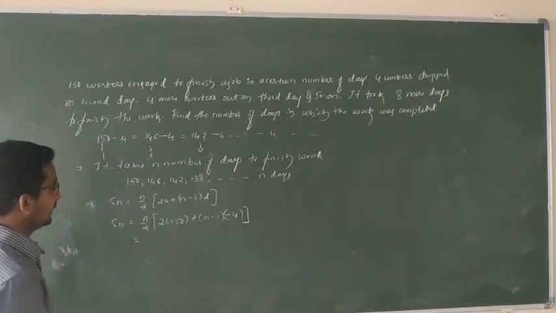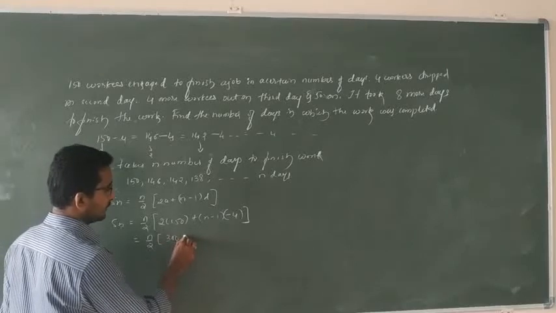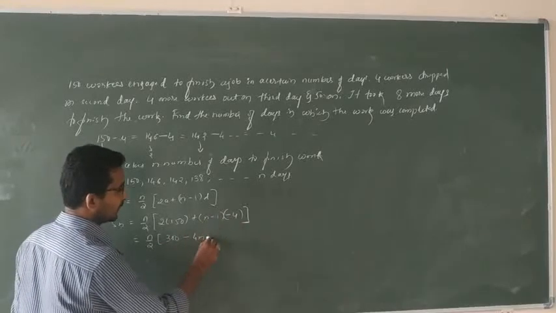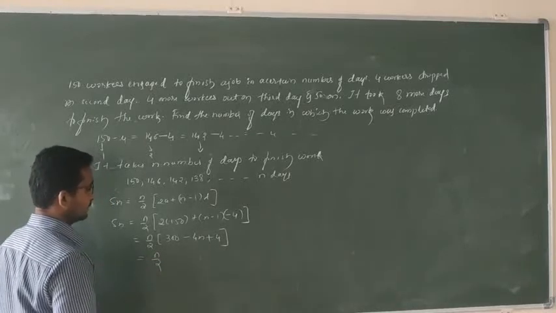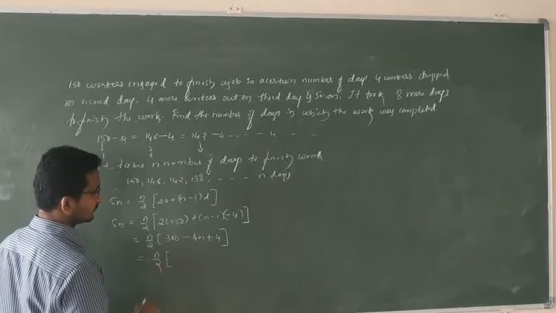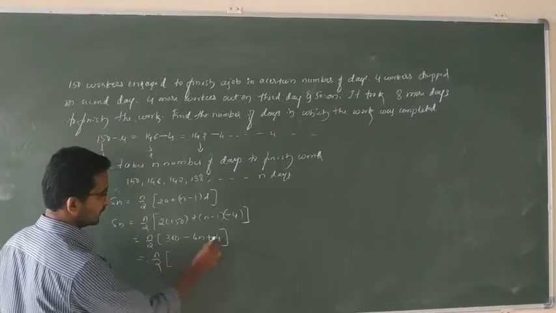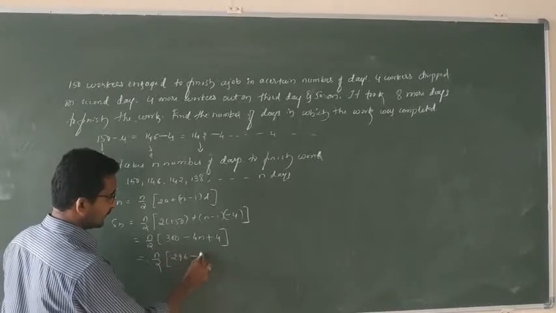That is n by 2, 300 minus 4n plus 4. That is n by 2, that is how much? 304 minus 4n.